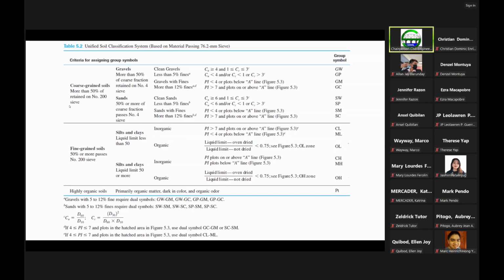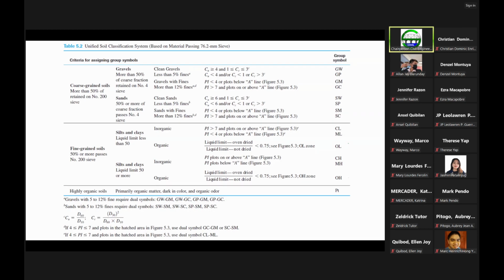For the coarse grain soils, you have two general types: the gravels and the sands. Between the two, let's check the number 4 sieve. If you recall, the number 4 sieve is equivalent to 4.75 millimeters.